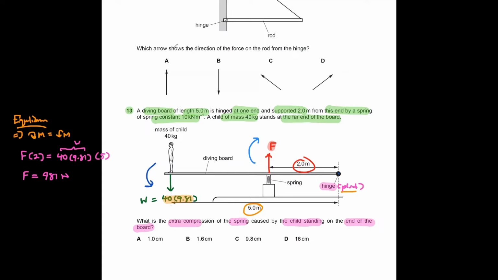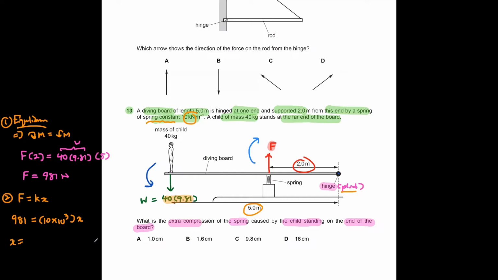This is the first working. Now, for the second working, you apply Hooke's law, because you notice they are giving you a spring constant here. So F equals Kx. The spring force is 981 Newton. Your spring constant is 10 kilonewton per meter, so it's 10 times 10 to the power 3 times x.